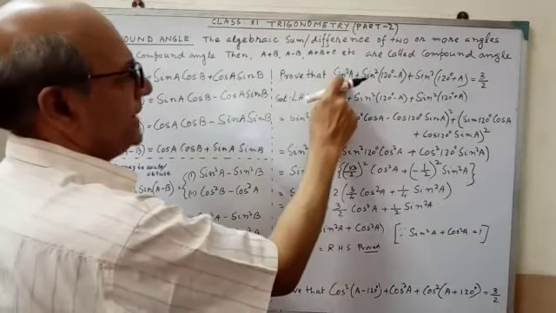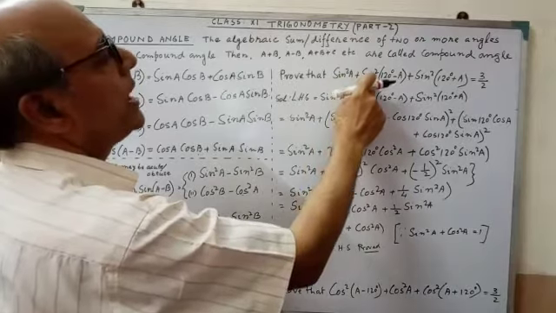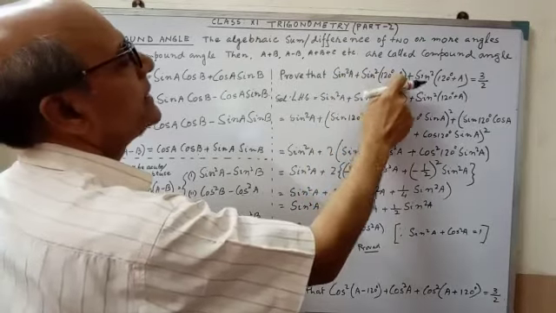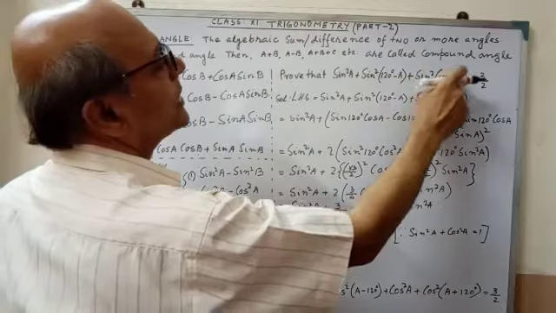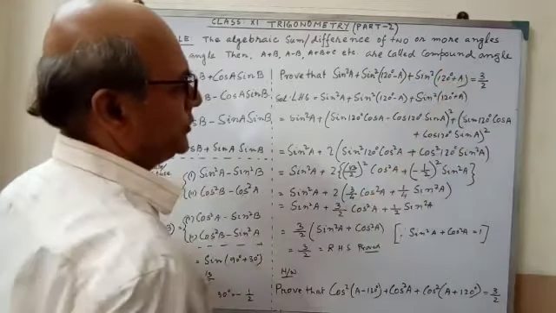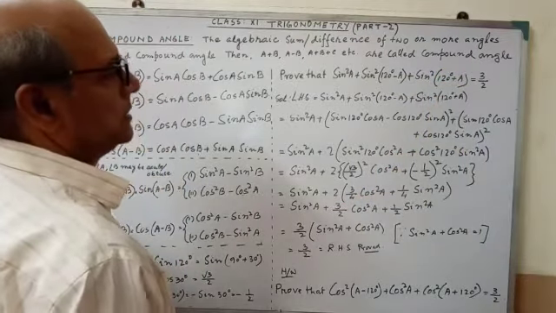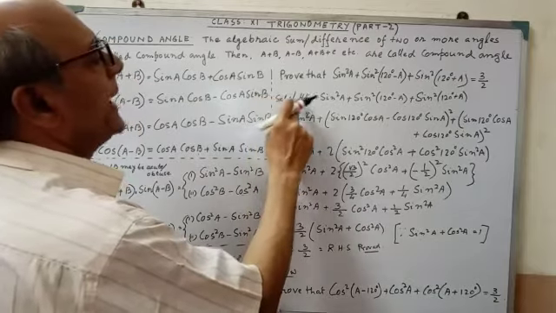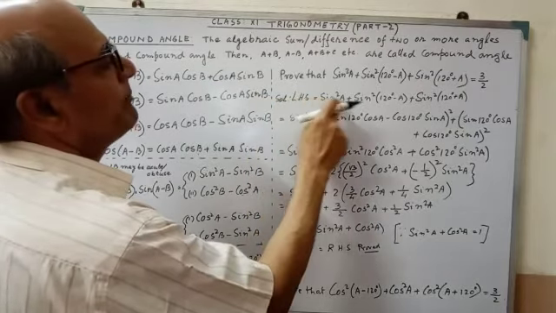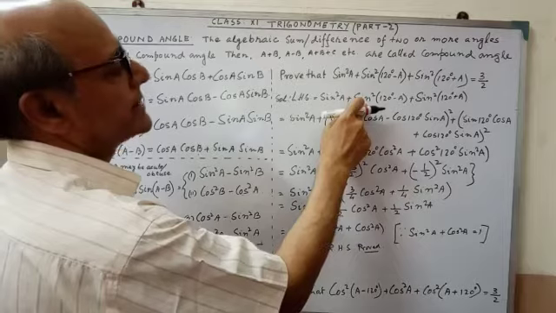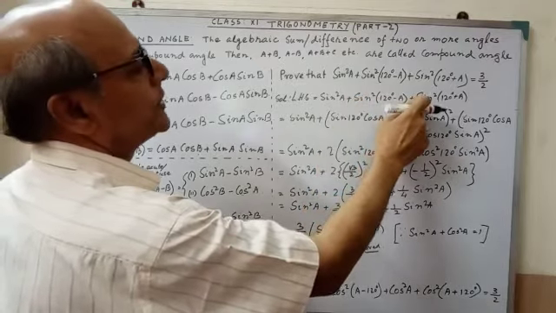Prove that sin square A plus sin square (120 degree minus A) plus sin square (120 degree plus A) equals 3 by 2. Solution: LHS equals sin square A plus sin square (120 degree minus A) plus sin square (120 degree plus A).